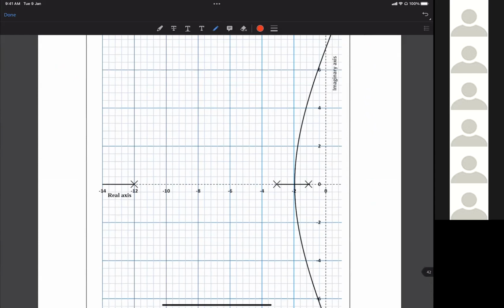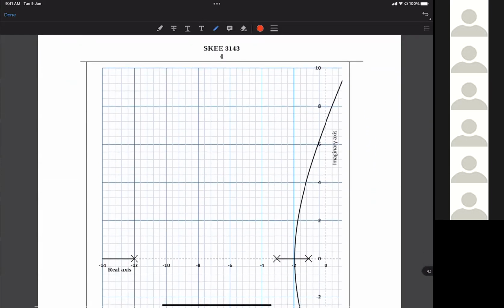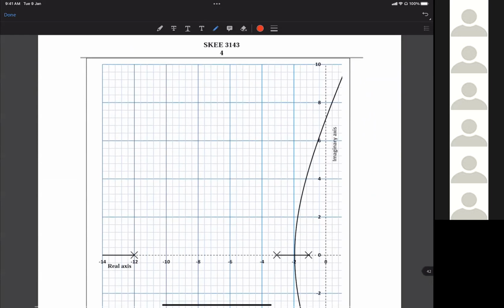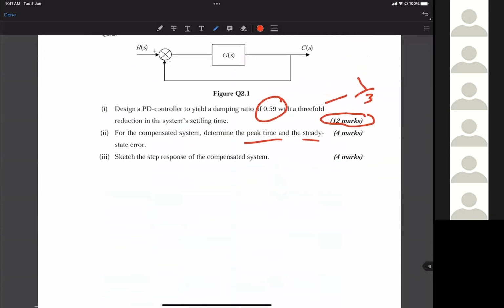Tika, do you have a printer at your hostel? Oh, no. Your roommate? Also no. So how are you going to use the protractor for 0.59?